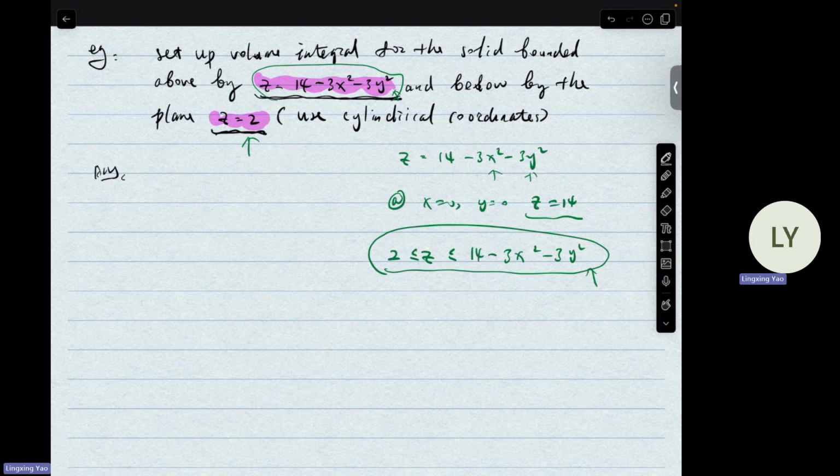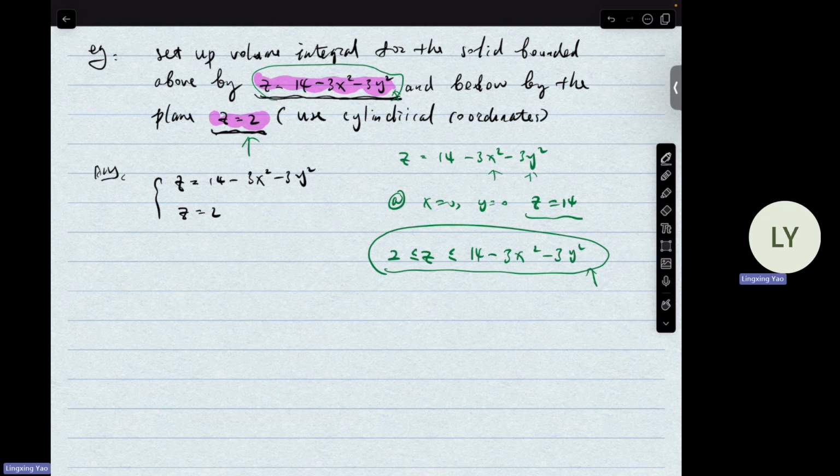And if you're able to find the intersection, which will be a curve, and then think about it, you jump on top of this surface, z equals 14 minus 3x squared minus 3y squared, you would be able to look downwards and see the projection of the whole volume on the xy plane. And that intersection will tell you the contour of this projection.